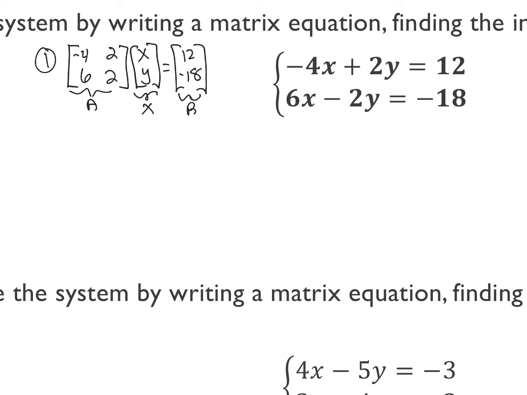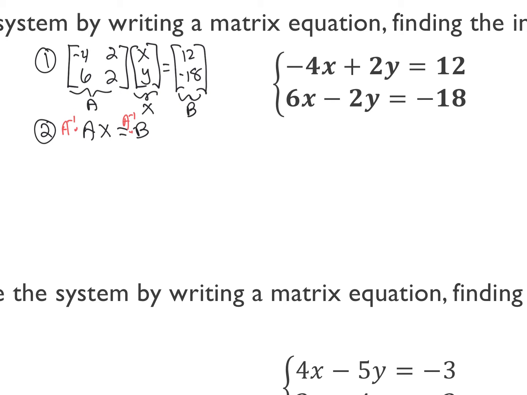Okay, so that's what our instructions say: solve the system by writing a matrix equation. So we need to talk about, if I have my matrix equation, how do we get x completely alone? Well, remember, you cannot divide matrices. However, if you remember your properties of exponents, we multiply both sides by A inverse.